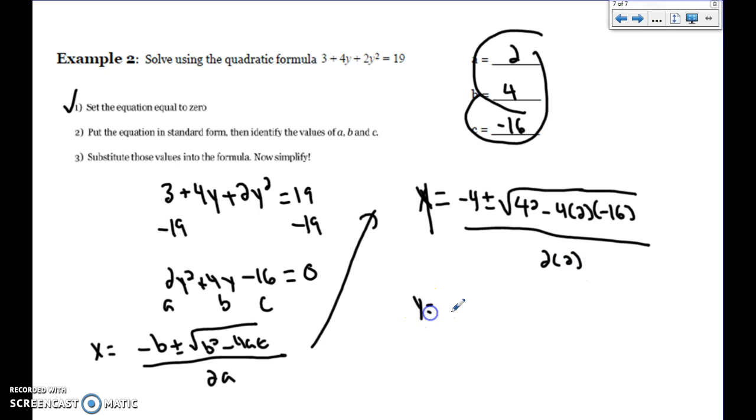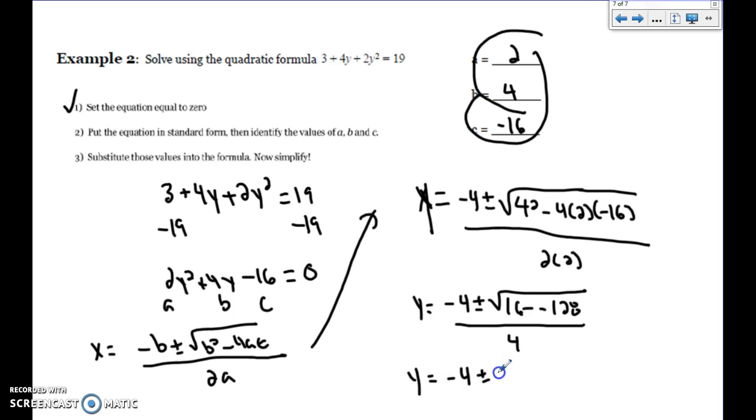So you get y equals negative 4 plus or minus 16, and then negative 4 times 2 times negative 16 is negative 128, all over 4. So I get y equals negative 4 plus or minus square root of 144 over 4.